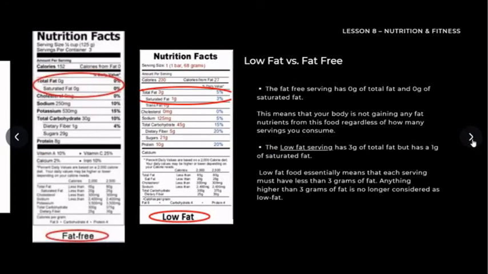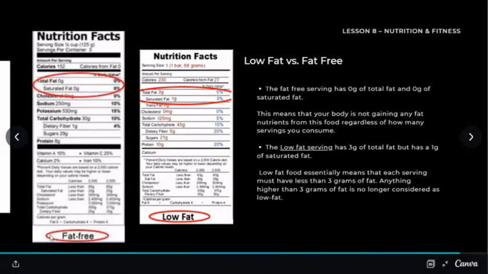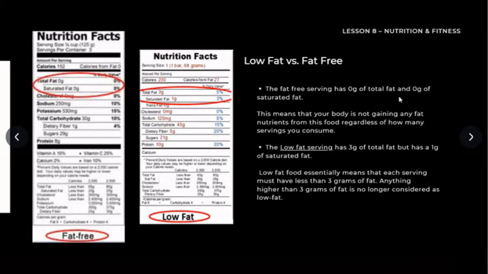Next we have low fat versus fat free. So yung mga ganitong labels, the labels of fat free and low fat are already posted, or let's say already on the front of the packaging. But still, if you want to check if it is true na it is fat free, make sure that the fat free serving has 0 grams of total fat and 0 grams of saturated fat.